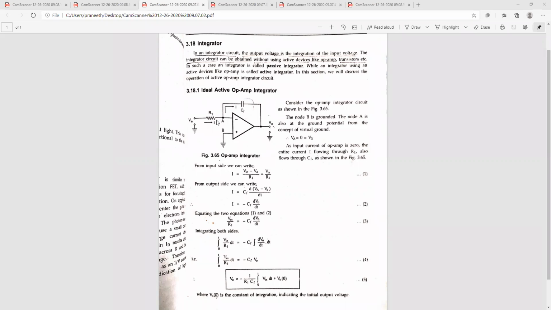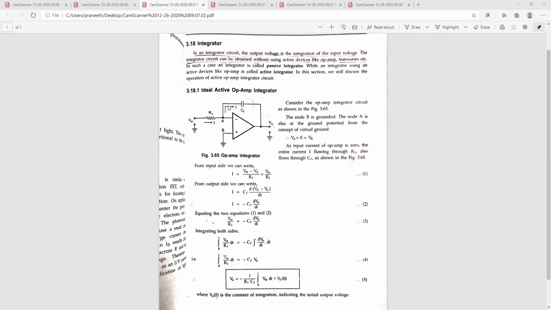Now from the output side, considering this current, how can I write the current equation? As we have the capacitor here, the current is generally represented through the differentiated voltage. So I have written I equals CF d(VA minus V0) by dt.